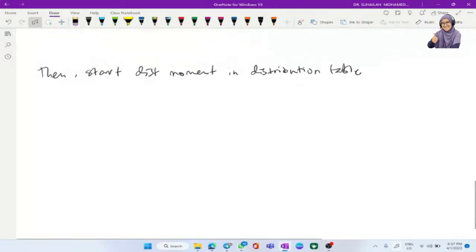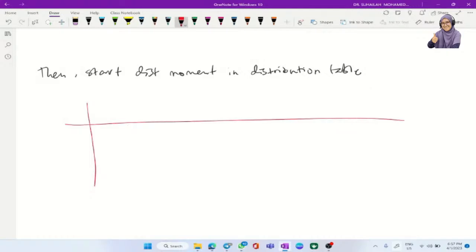In the distribution table, we have to list all the members and member end moments. Previously I told you that there are 6 member end moments, so we have to have 6 columns for that. So we have columns for AB, BA, BC, CB, CD, and DC.